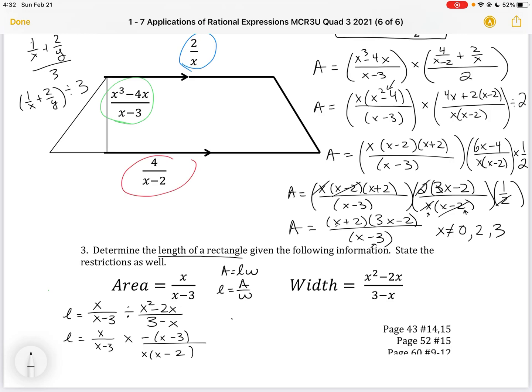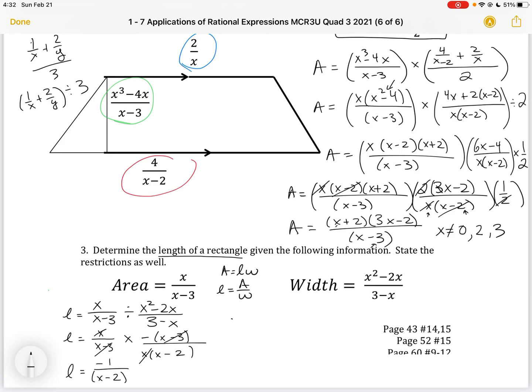So that finishes inverting my fraction. The next thing that I'm going to do is my canceling. So I notice I've got an x and an x minus 3 and x minus 3. And so what I'm left with is minus 1 over x minus 2.